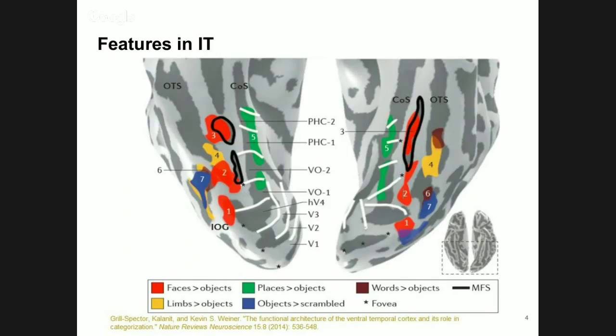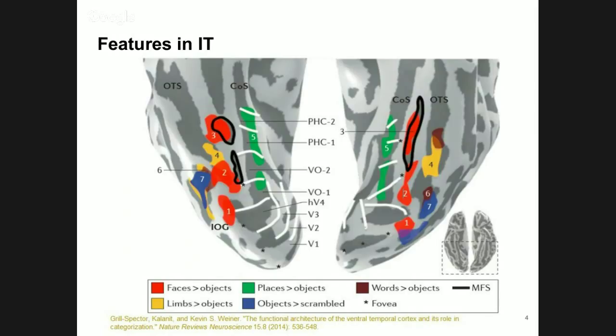They are used for recognizing faces. And of course, there are some other regions, for example the green one, the PPA, to recognize places. And also there's the visual word form area, which is more activated for recognizing words. So basically, people already know that.